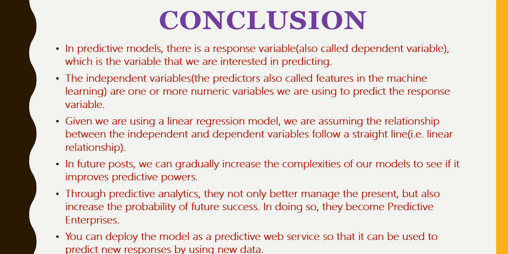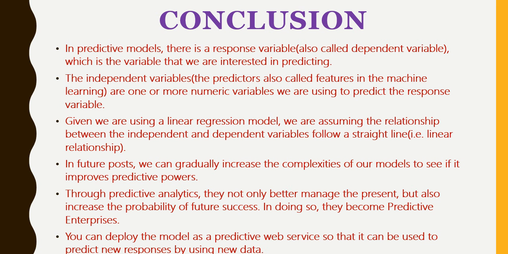Given we are using a linear regression model, we are assuming the relationship between the independent and dependent variables follows a straight line, that is a linear relationship. In future posts, we can gradually increase the complexity of our models to see if it improves predictive power.